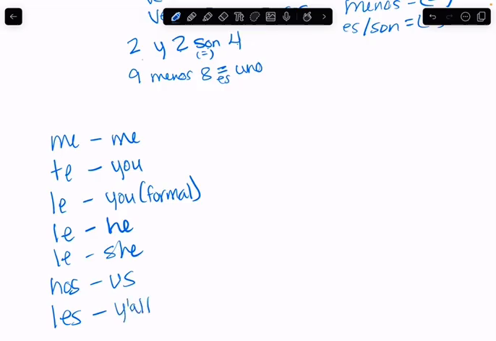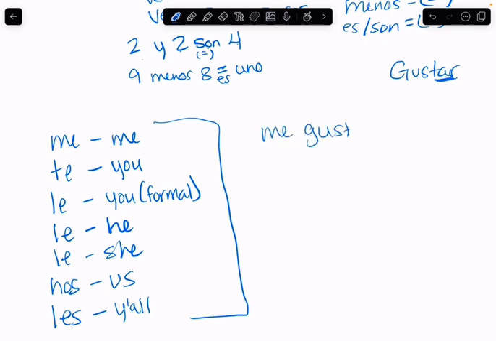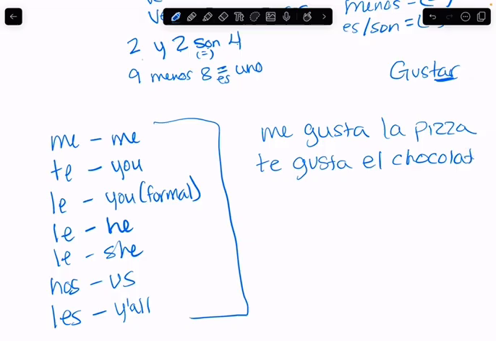Okay. So, with this information, you have the word gustar. Gustar is an AR verb. That means to like. So if I say me gusta, I'm saying I like la pizza. Me gusta la pizza. ¿Te gusta el chocolate? You like chocolate.